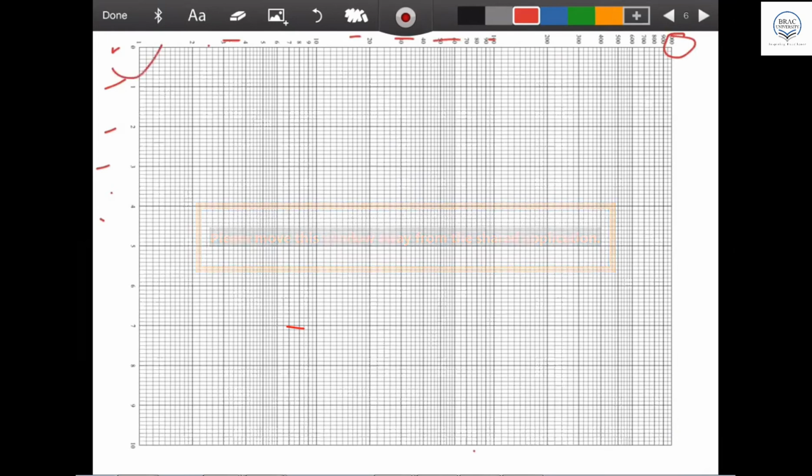Just keep the semilog graph paper in front of you in this way.